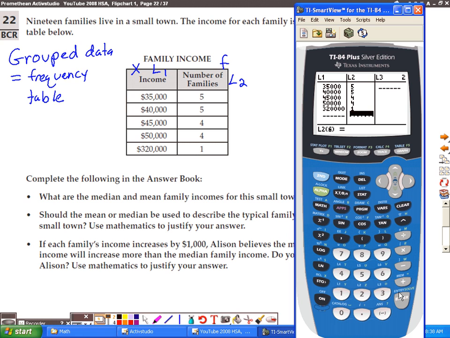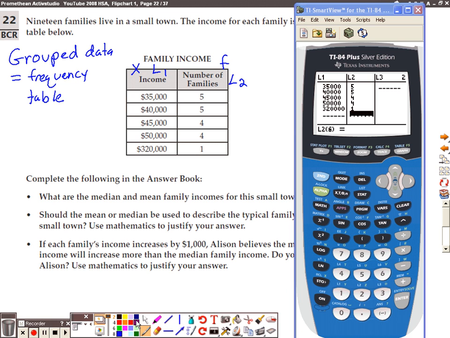Once we have our data typed in, we're going to go to Stat, Calc, and we're going to pick number 1 var stats. Now, because we have a frequency table, we're not just going to press Enter. We need to tell our calculator that the X values are in L1 and the frequency values are in L2.